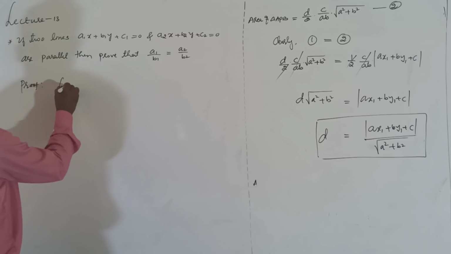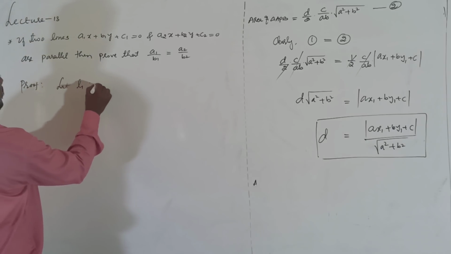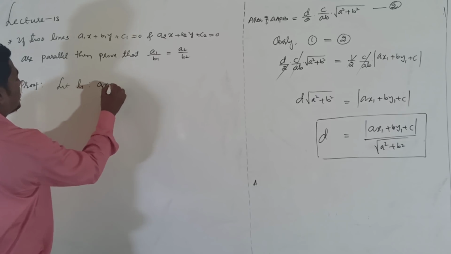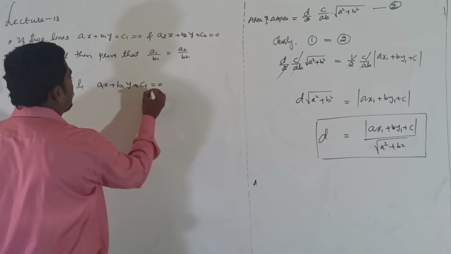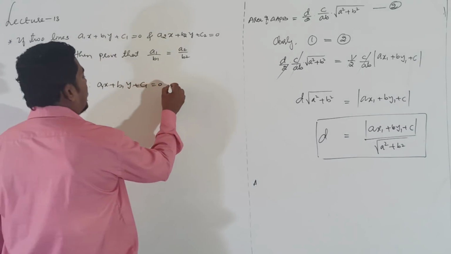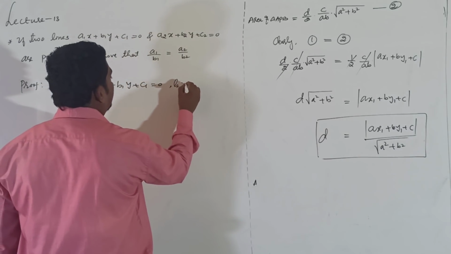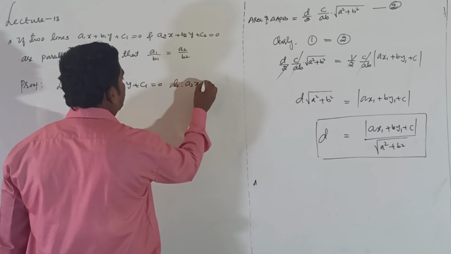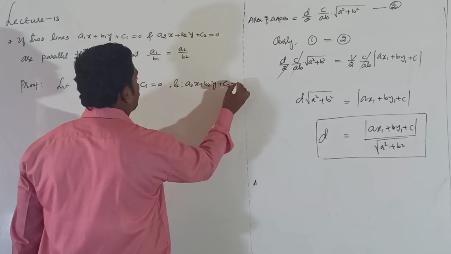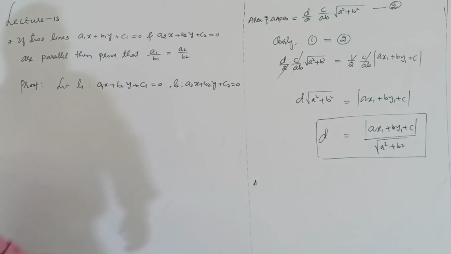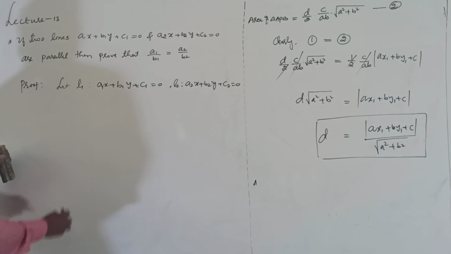Let L1 be a1x plus b1y plus c1 equal to 0 and L2 be a2x plus b2y plus c2 equal to 0. Can you tell me the slope of line 1?